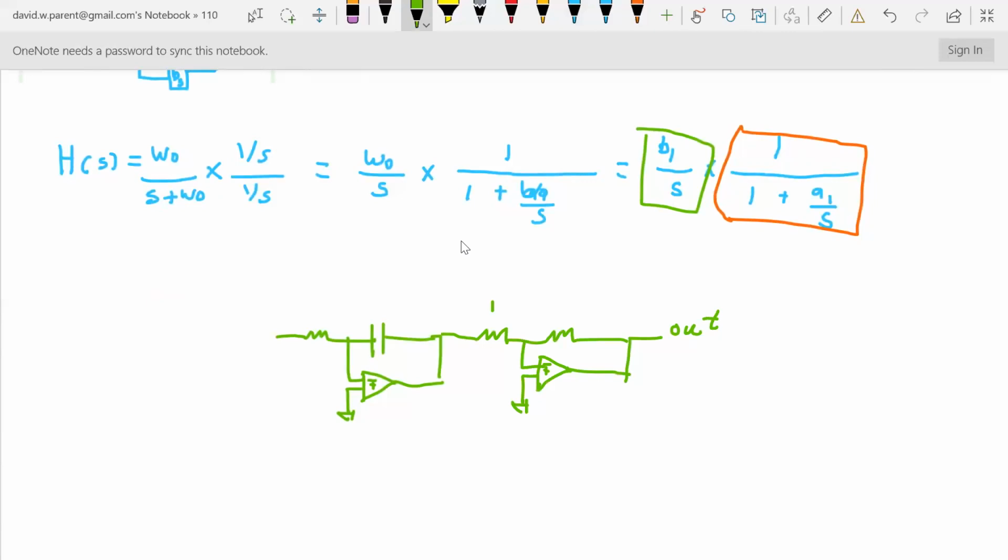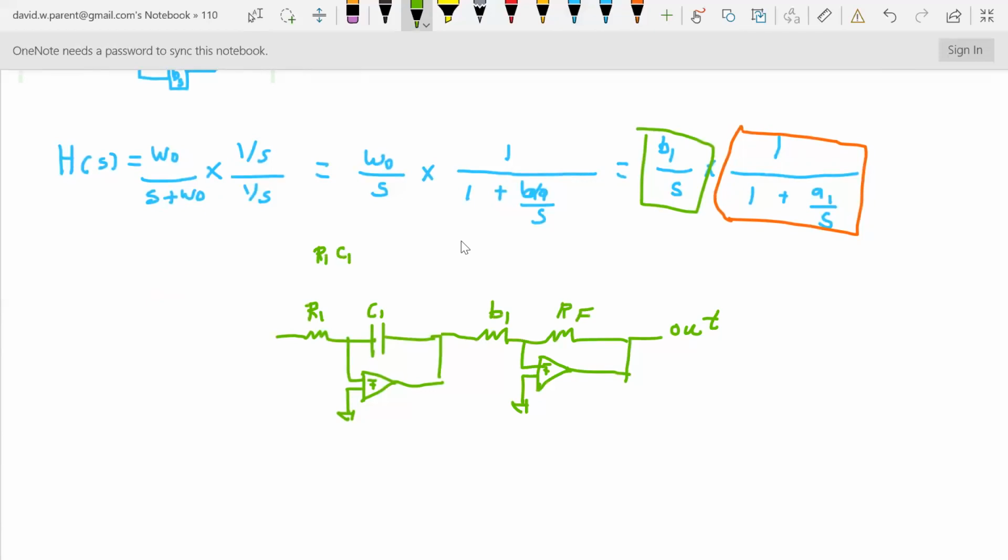And I can call this resistor B1 because I'm going to use it to calculate the gain here, B1. So RF will be fixed. I'll try to keep the RFs all the same. And I can have R1 and C1 here.